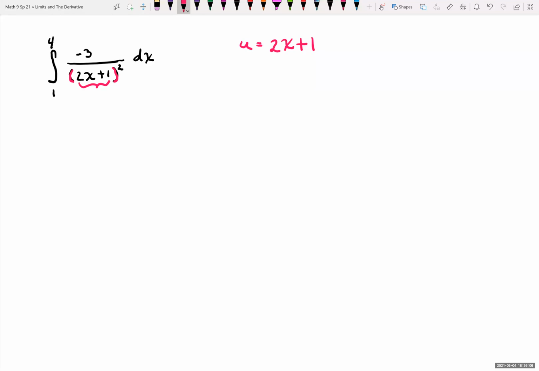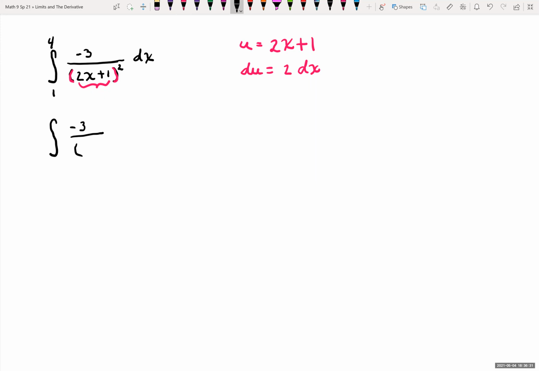And so then we differentiated both sides. So the derivative of u is 1, but it was with respect to u, so du. Derivative of 2x plus 1, derivative of 2x is 2. Derivative of 1 is 0. And this was with respect to x, dx. So if we went back in here, I'm going to leave the bounds off for a second, -3.